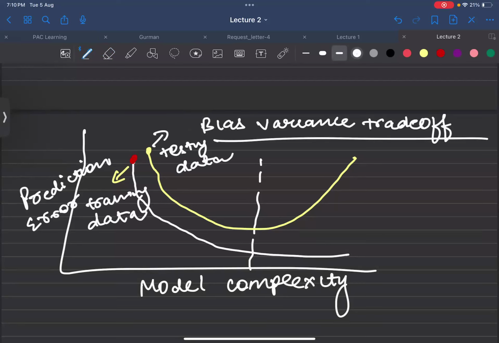So what I'm saying is, when my model complexity is less, let's focus on training data, this red part. When my model complexity is very less and my error is more, what is this case? Error is more because model complexity is less: high bias.